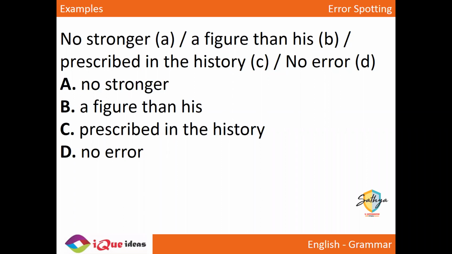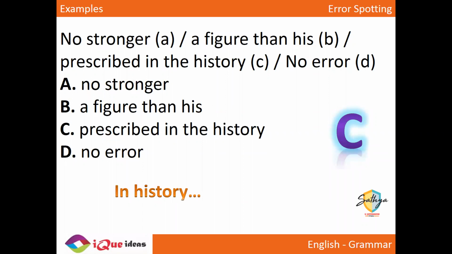Now, whenever you're talking about a specific part of history, like the Mughal history or the Britishers' history, then we say the history of something. But if you're using history itself as a word, not a specific thing, then the article the will not be used. So no stronger a figure than his prescribed in history. If you say the history of the Mughals, then the history of the Mughals.